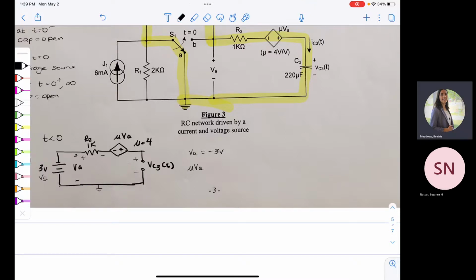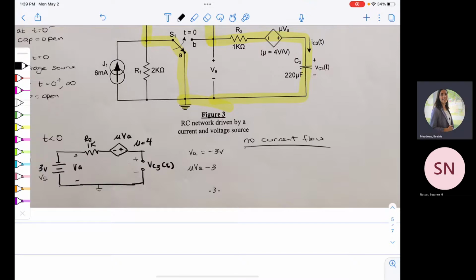Yeah, whenever this is open, there's no current flow. Right? Remember that. So we have mu VA, and then we skip the R2 because there's no voltage drop. Then we go to the next thing, which is our source. So what is that going to be?